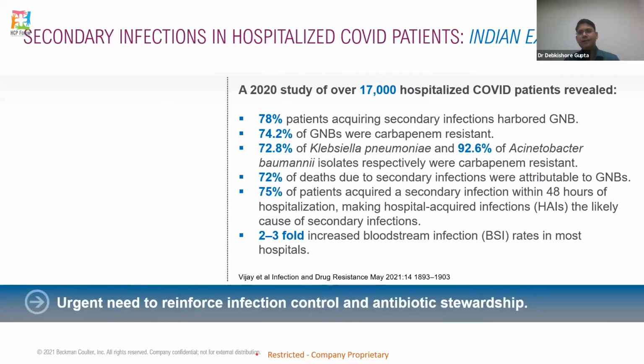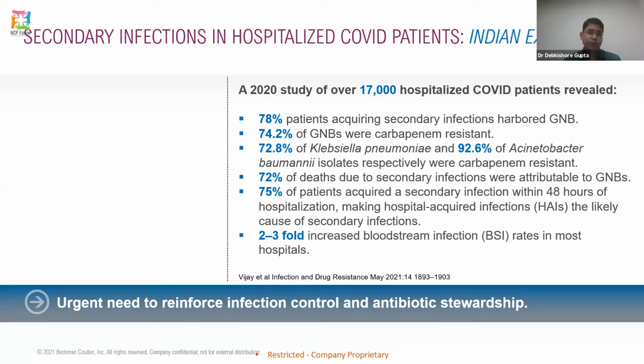This is kind of alarming data coming from India, based on 17,000 hospitalized COVID-19 patients. We have seen that 78% of patients acquired secondary bacterial infections, with gram-negative bacterial infection, and 74% of the gram-negatives were carbapenem resistant, with 72.8% of them Klebsiella pneumoniae and 92% Acinetobacter.